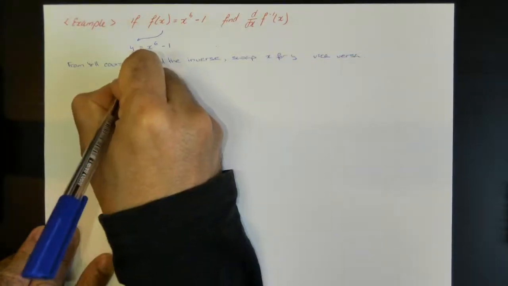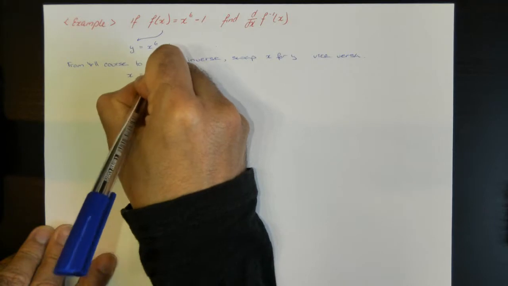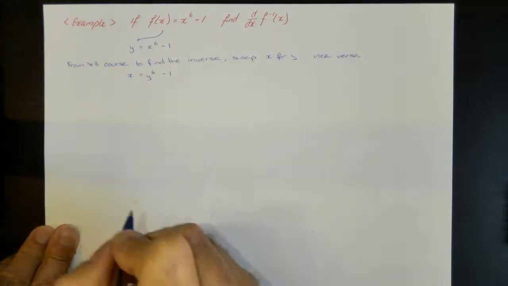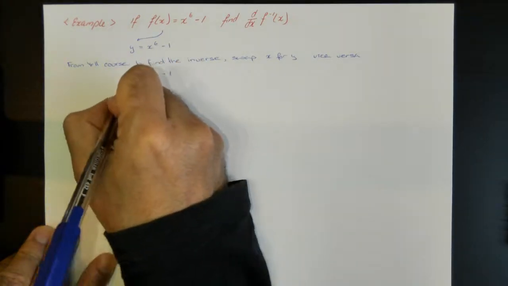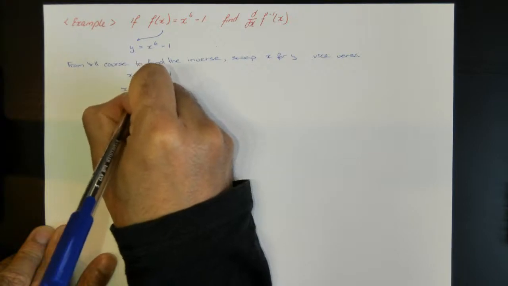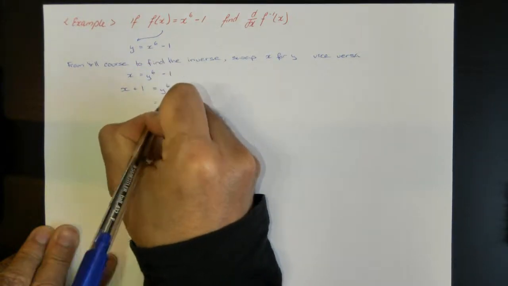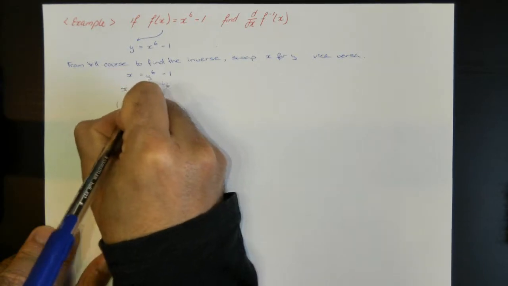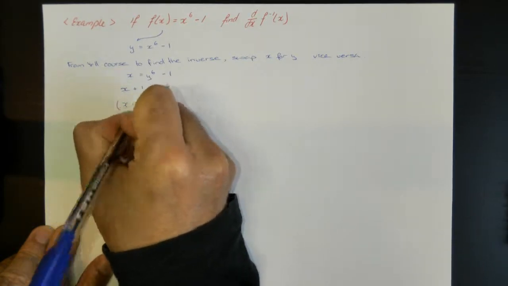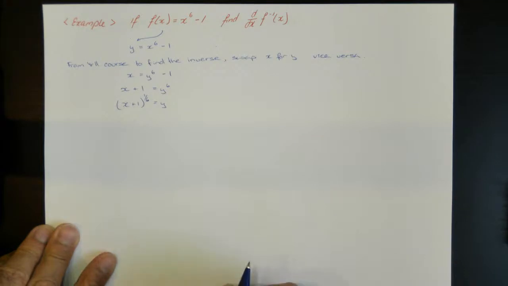So we get x equals y to the power 6 minus 1. I'm going to make y the subject, so it's actually going to be x plus 1 equals y to the power 6. So y equals x plus 1 to the power of 1/6. Okay.